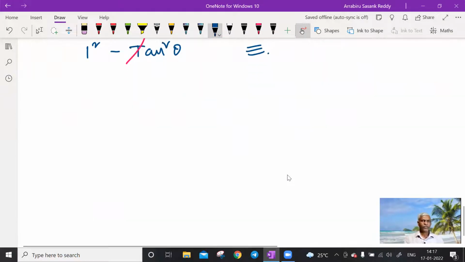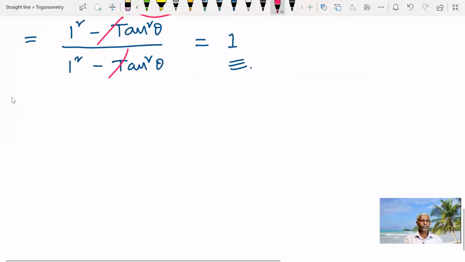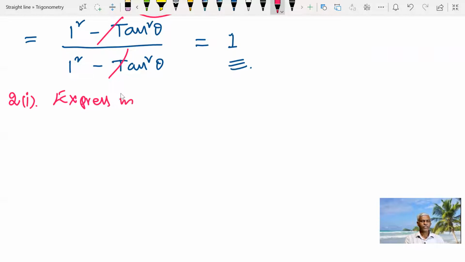Let us take up one more problem from the exercise. This is second question, first bit. Express in sine angle.